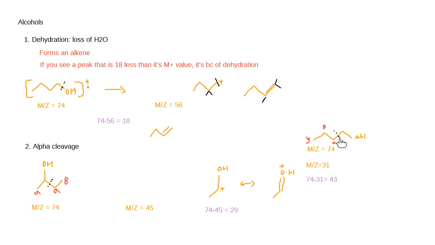If anything, it just confirms where you're cleaving in relation to your alcohol to get the desired product. Okay, and the problems that are given to you should match up. And if something doesn't match up, you messed up somewhere. Okay, so the final product should just look like this.